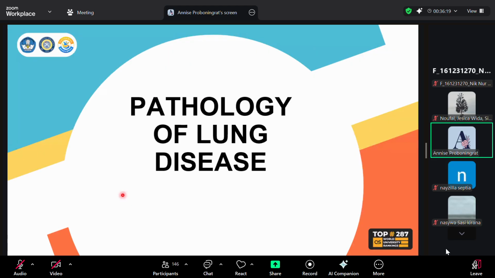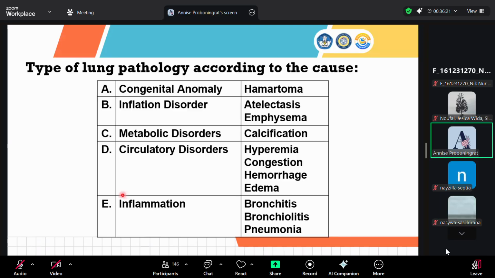And then the pathology of lung disease, type of lung pathology according to the cause, is categorized into 5 types. The first one is the congenital anomaly, for example hamartoma, and then inflation disorders.